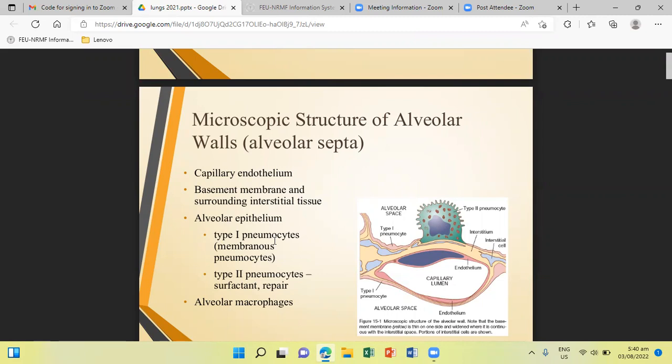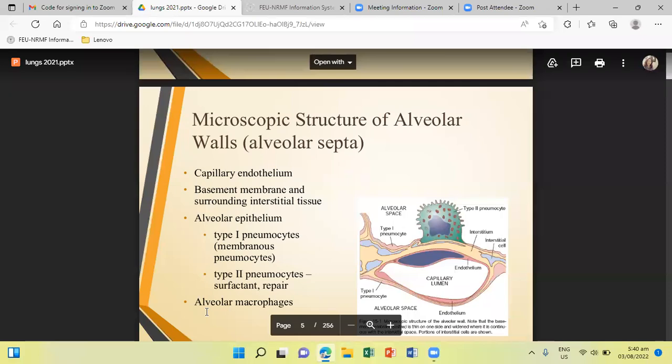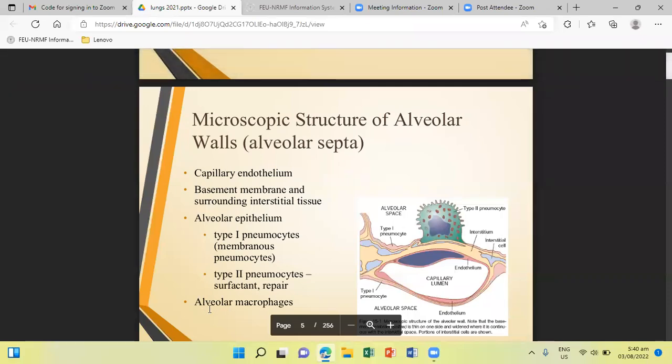They are contained in lamellar bodies and are the main cell type involved in the repair of alveolar epithelium after destruction of type 1 cells. You also have resident alveolar macrophages. They are loosely attached to the epithelial cells or lying free within the alveolar spaces.